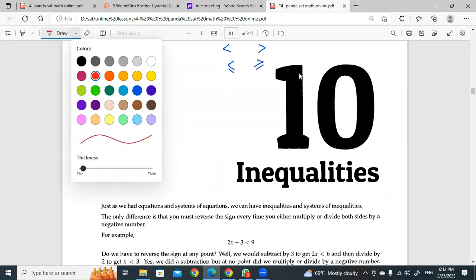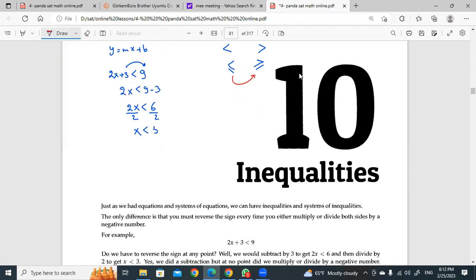By the way, this sign can change to this sign, or vice versa, in only 2 situations. The first one: if I multiply or divide by a negative number, I will convert the sign of the inequality.